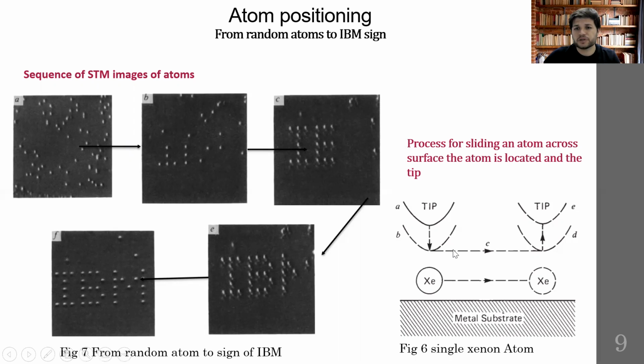The tip is then moved across the surface, C, to the desired destination, D. Finally, the tip is withdrawn to position E, where the atom-tip attraction is negligible, leaving the atom bound to the surface at the new location. So the tip selects an atom from here, brings it to position B, moves it through position C, and leaves it at position E.